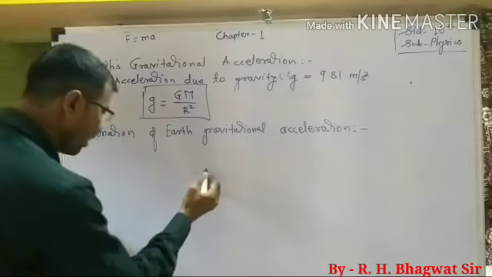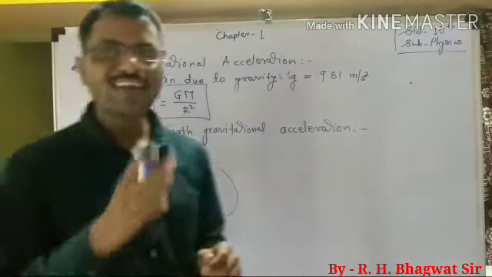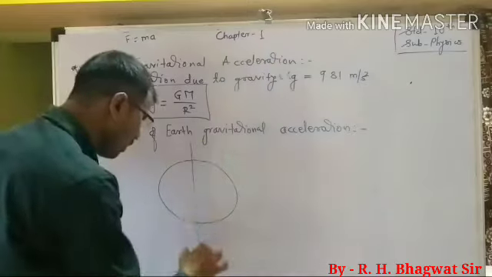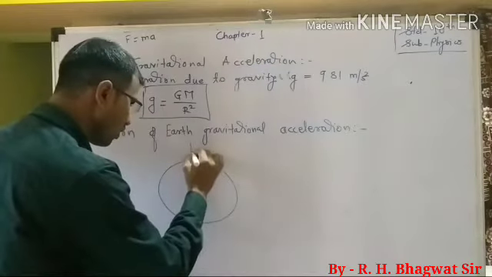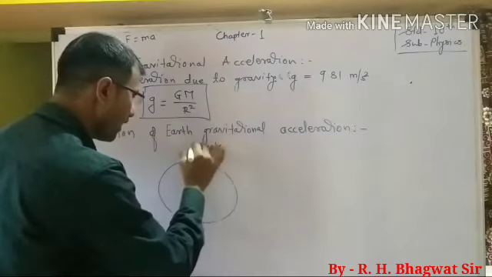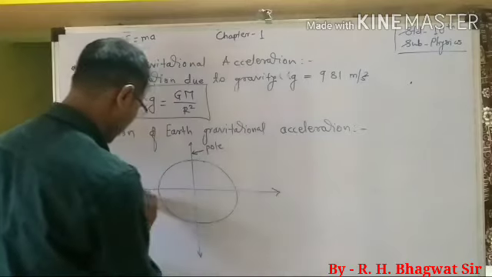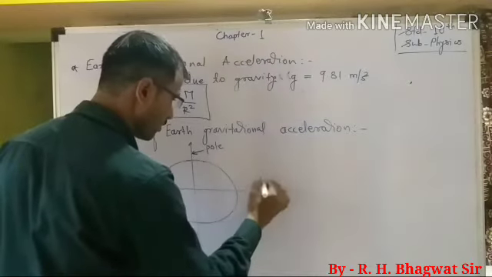When we consider the Earth's surface, the Earth is slightly flattened at the pole. Here is the pole, here is the pole, and this is the equator of Earth.